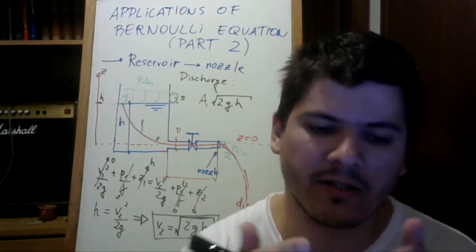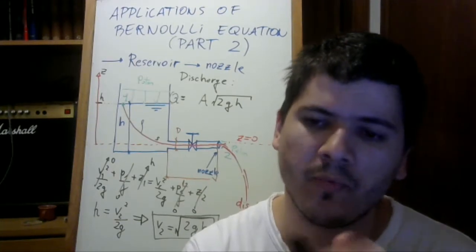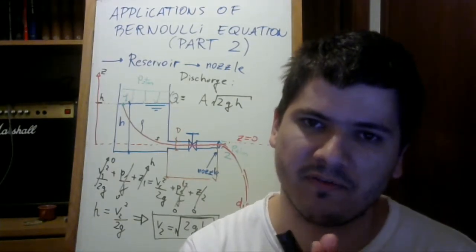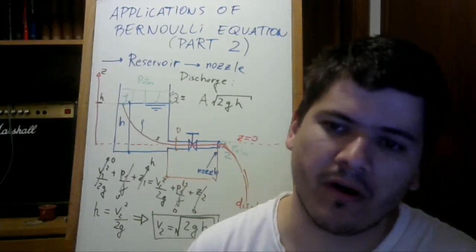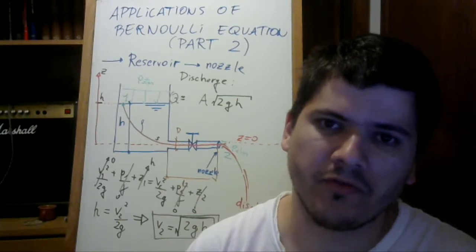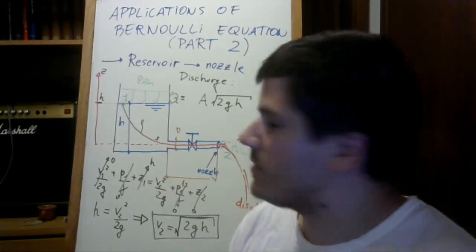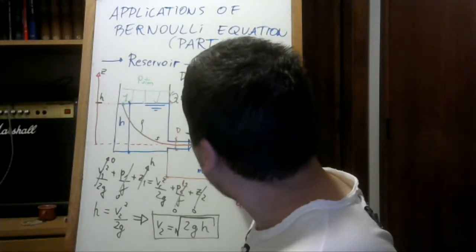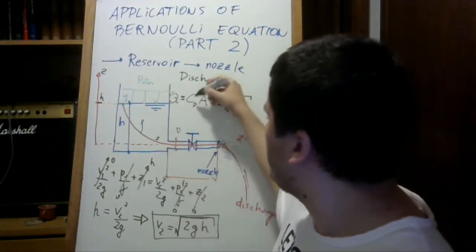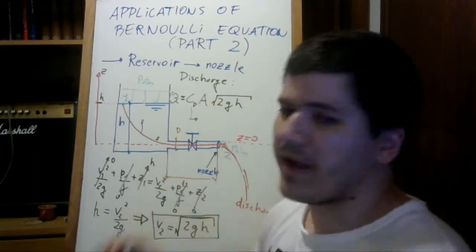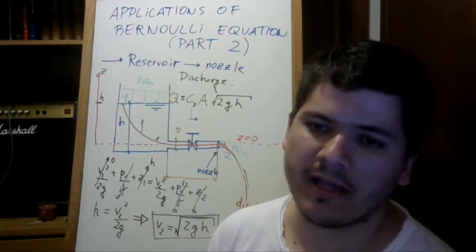Of course, we are dealing with water flow, but it can be other types of fluid as well, such as oil. We are all considering Newtonian fluids. But here at the nozzle, we often have some energy losses, so we have to account for a discharge coefficient. This coefficient will correct this equation to account for losses at the nozzle.